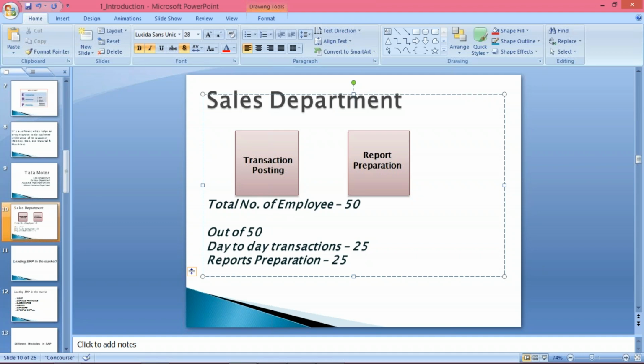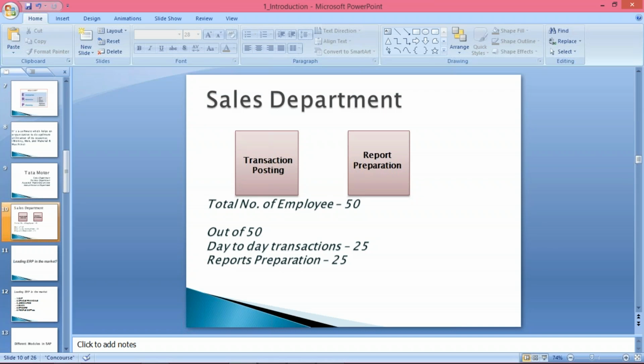So as I said, 25 people are involved in day-to-day transaction posting, and the remaining 25 people are involved in report preparation. Now here, what is the advantage of ERP, guys? If Tata Motor is going to implement or use any software, any ERP, in their organization, then what is the benefit?